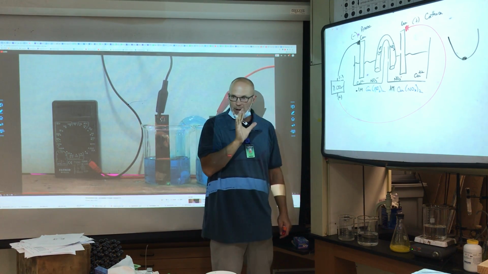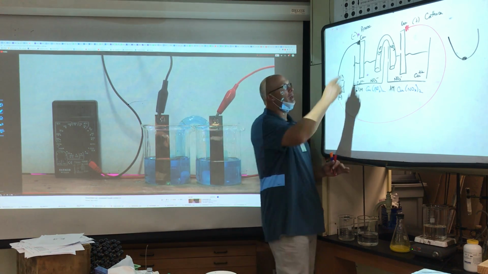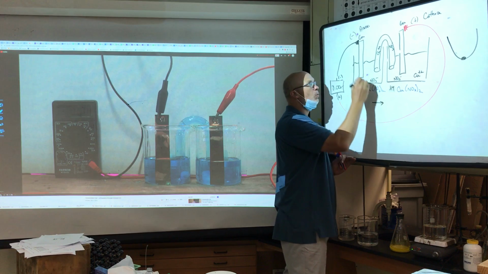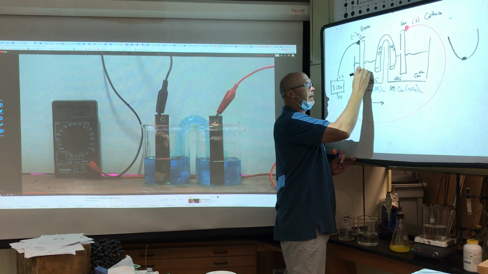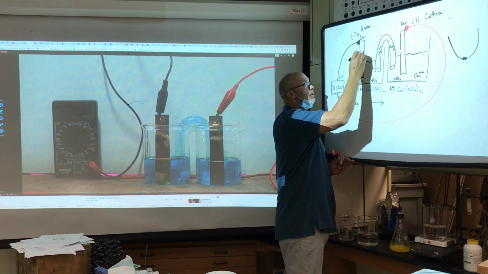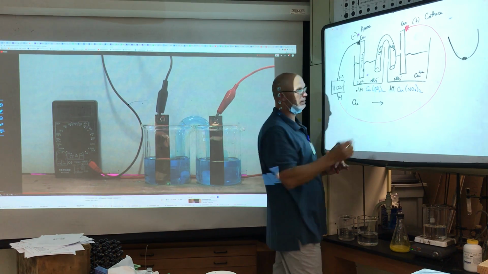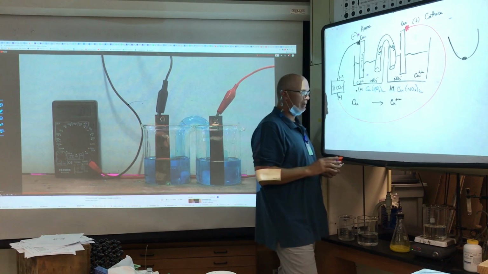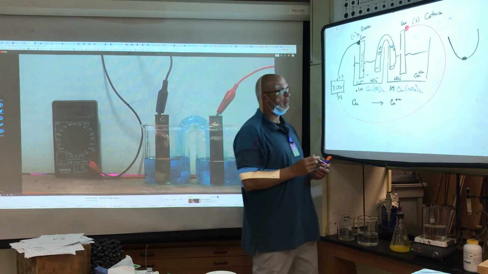Okay? Now, if I could, this is what would happen. This copper here would oxidize. It would push some electrons that way, become copper plus 2. This little piggy went to market.